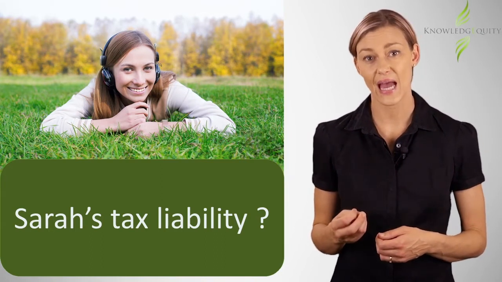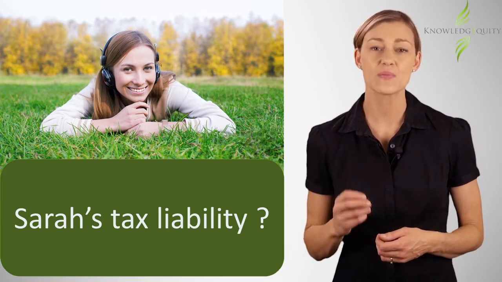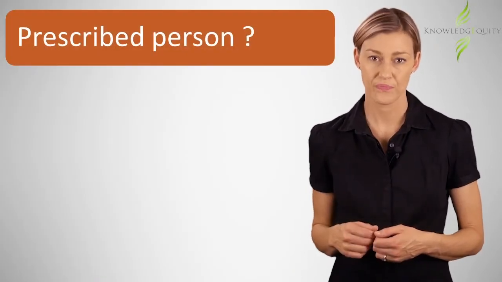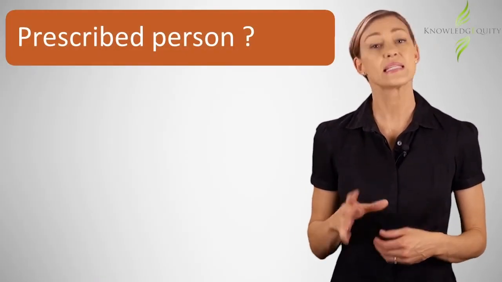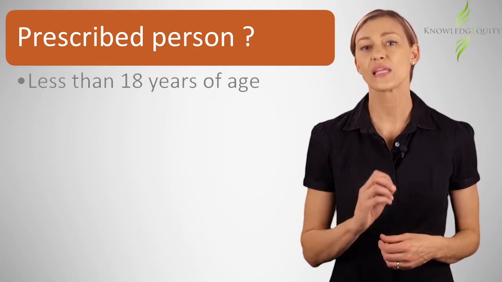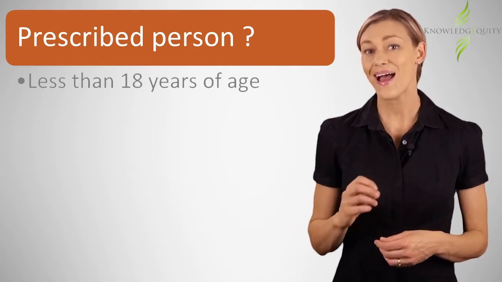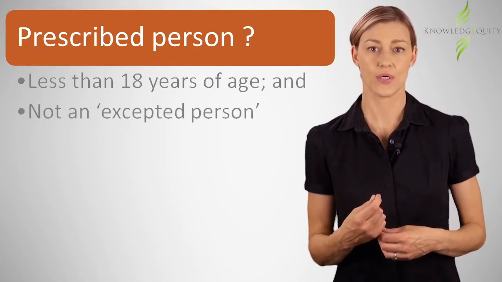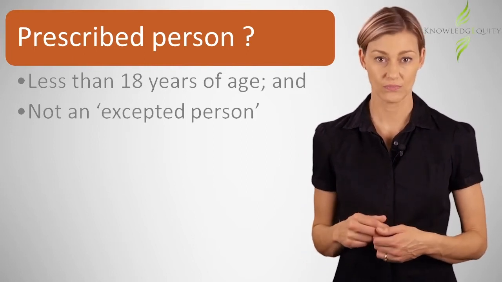The first requirement for the application of Division 6AA is that the minor must be a prescribed person. A prescribed person is less than 18 years of age on the last day of the tax year and is not an accepted person in relation to the tax year.